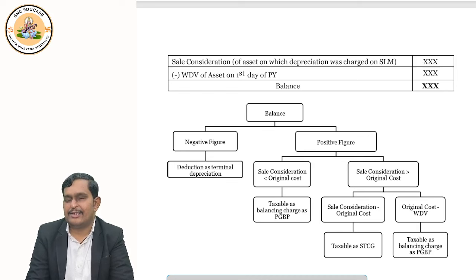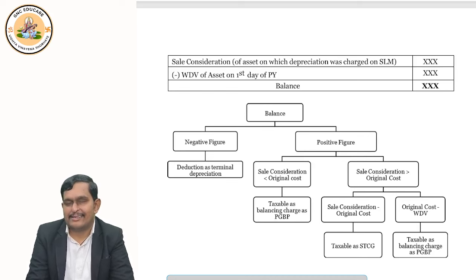Suppose sale consideration is 1 crore. WDV is suppose 60 lakhs. So 40 lakhs positive balance. What to do in that case? We should see that sale consideration is greater than WDV, the balance is positive. But again further check, is sale consideration greater than original cost?